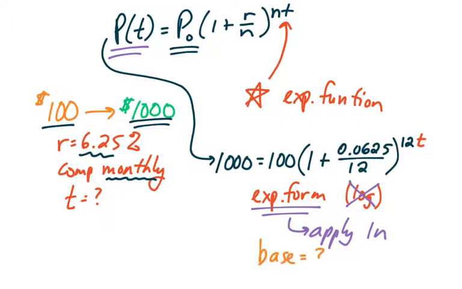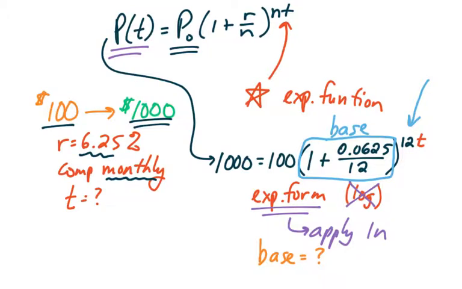What is the number that I'm raising to a power here? It's pretty messy. But the one thing that's being raised to a power is this huge parenthesis here. And in compound interest, this is always your base, because this is the big number that you're always raising to a power. So the 1 plus r over n is always your base.